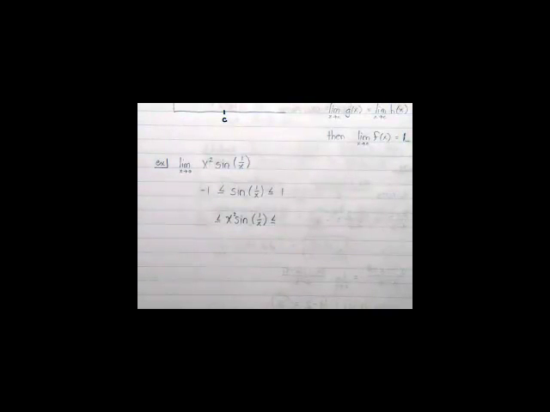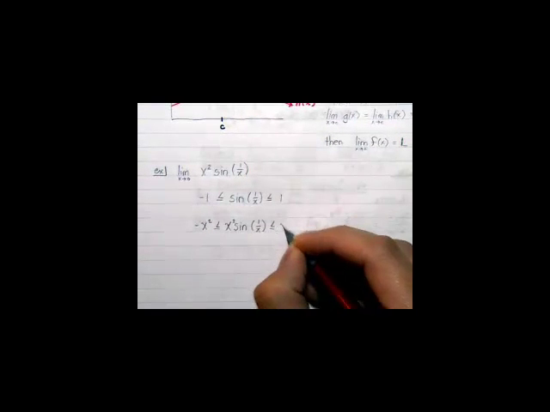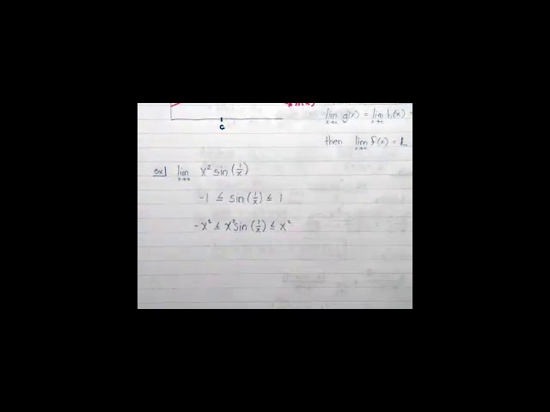Whatever you do to one side of an equation, you have to do to the other. I've got a compound inequality happening here. I've got two inequality signs. Whatever I do to the middle, I have to do to the other two pieces as well. So if I'm going to multiply the middle by x squared, I have to multiply -1 and +1 by x squared as well. So now I've got my two functions that it's trapped in between, -x squared and x squared.